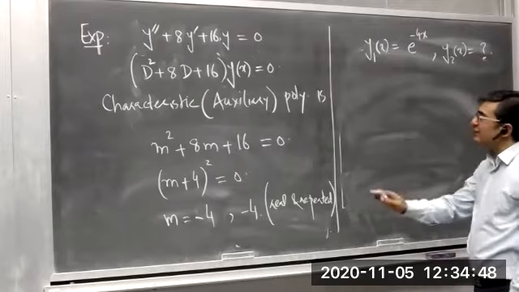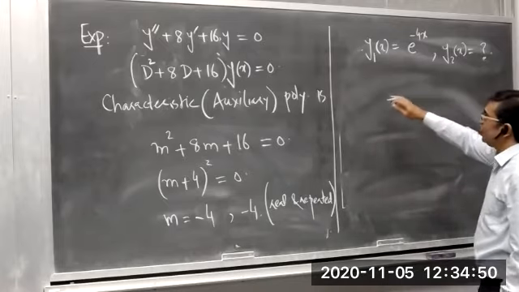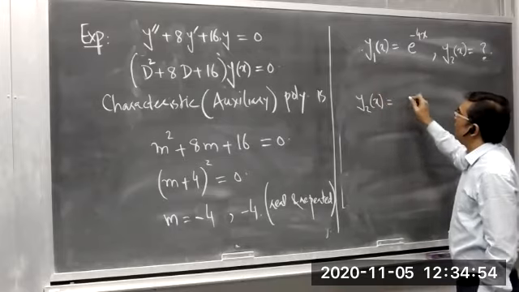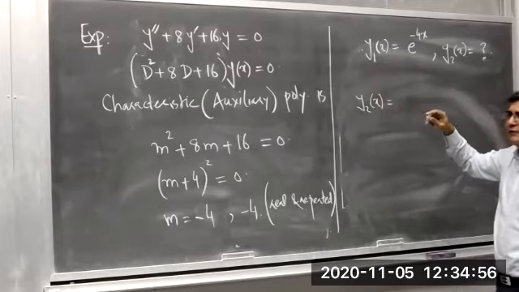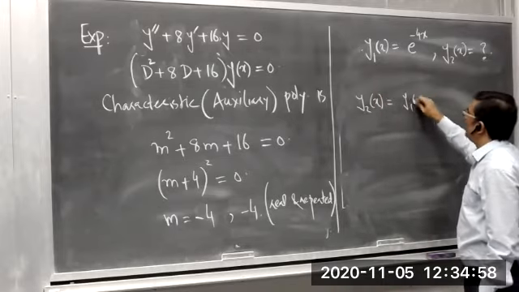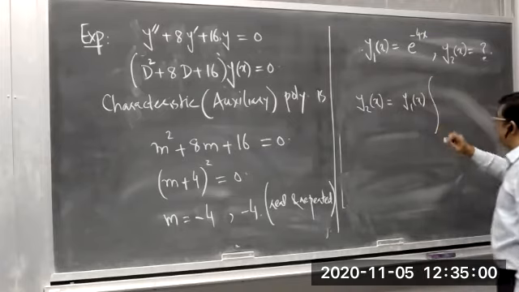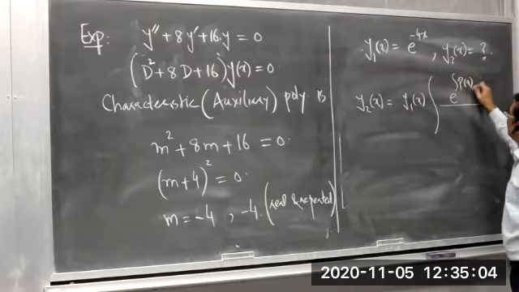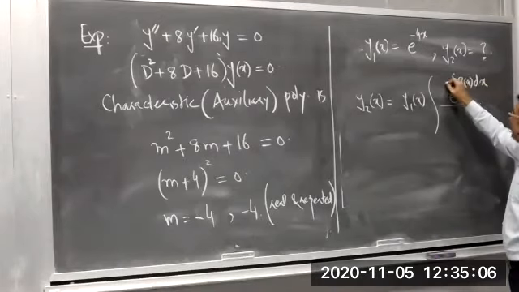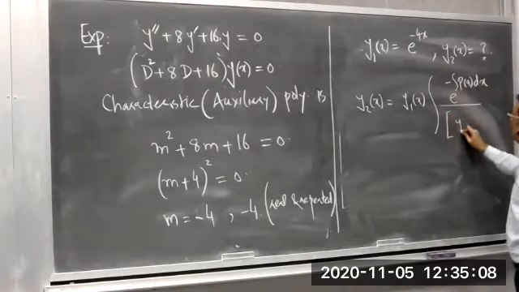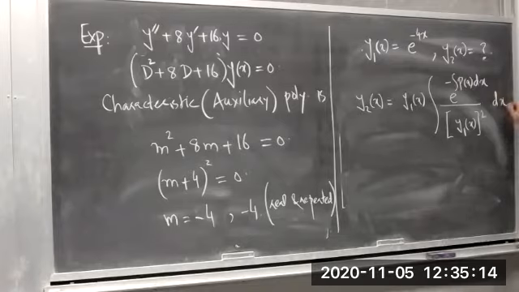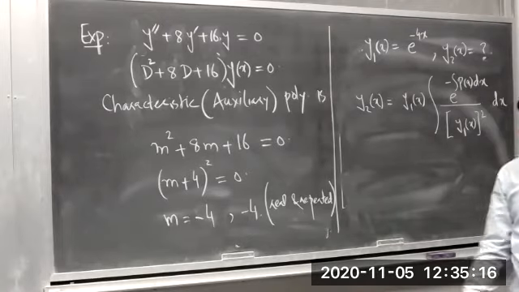You can see the previous lecture, but here I am going to use directly the formula which we have derived in order to find the second solution. This was basically the formula to find the second solution.